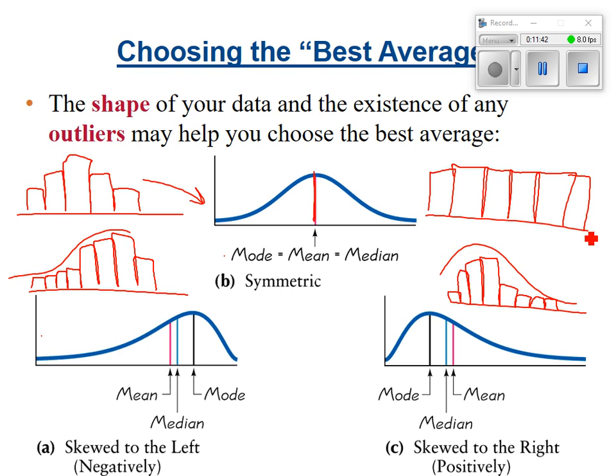So we'll get to that here in a second, but those are the four kinds of shapes that we're gonna be dealing with most of the time. We got symmetric, left-tailed, right-tailed.